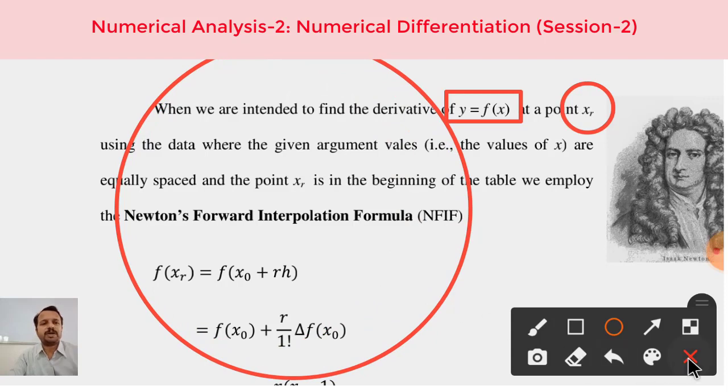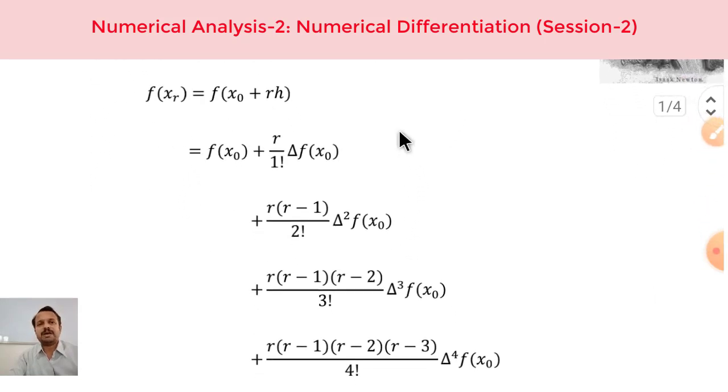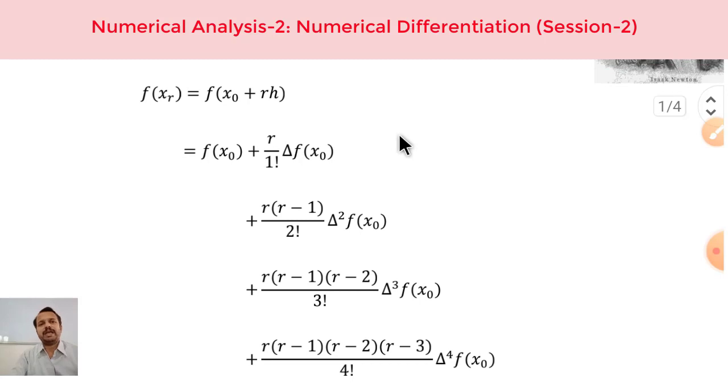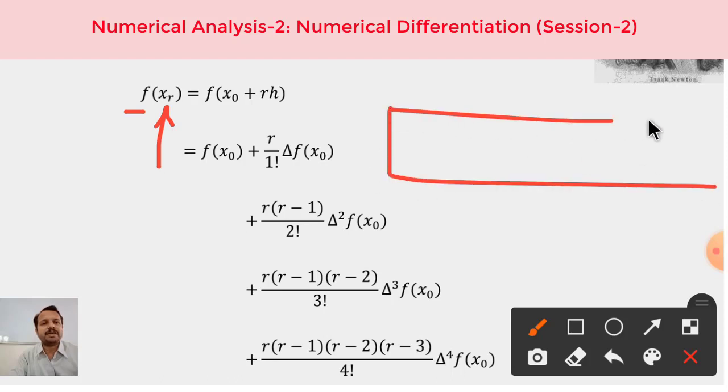So what is Newton's forward interpolation formula? Let us recall it. We have already discussed it in our previous sessions. Now we will directly consider its expression. The value of the given function f at any point xr, which is near the beginning of the table. We will have a discrete set of values of x, and the corresponding values of y will be listed.